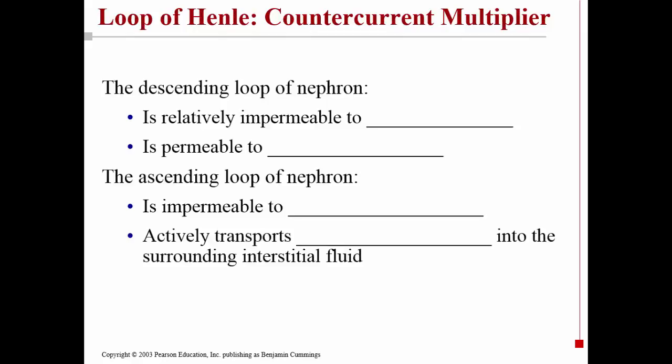So when we look at this loop, the nephron loop, the cells that line it differ depending on where you are in the loop. In the descending loop of the nephron, the tissues lining it make it relatively impermeable to solutes. And what I'm going to focus on particularly is impermeable to sodium. However, the descending loop is permeable to water.